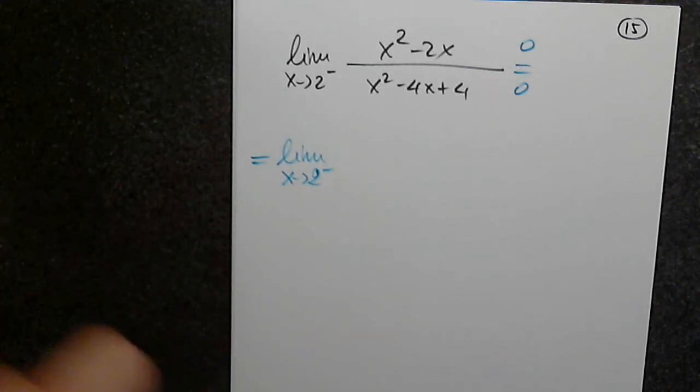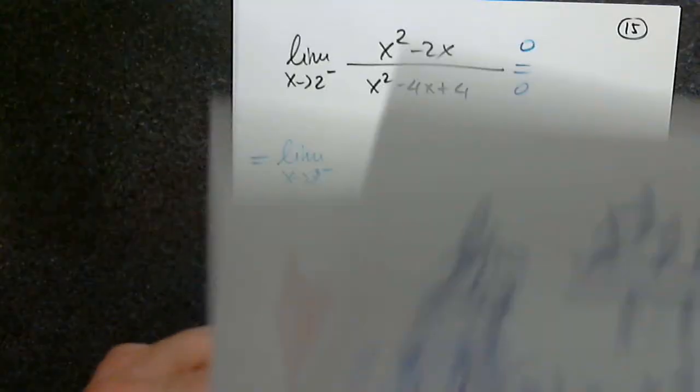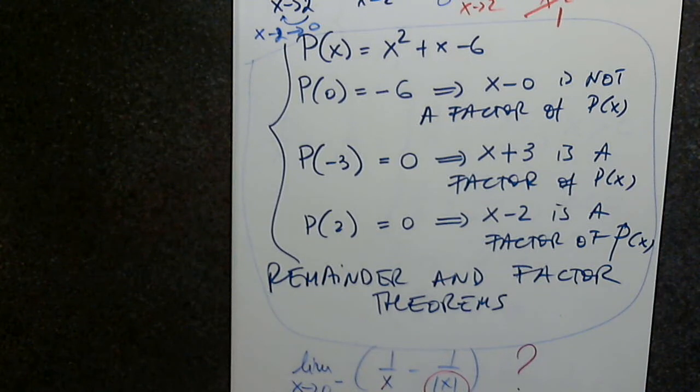Let's go back. I know it's a lot of information in such a short time. We have two polynomials, one at the top and one at the bottom. We plugged in 2 in both of them, and we got 0 over 0. I know for sure that the top has a factor of x minus 2, and I know for sure that the bottom has a factor of x minus 2.